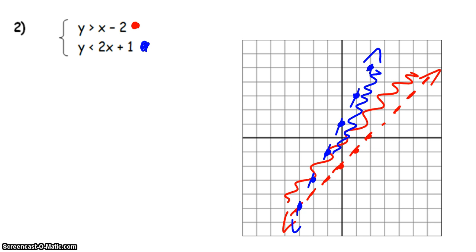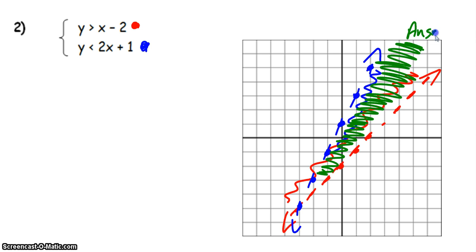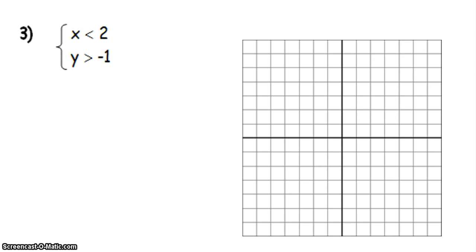Where those two shadings overlap is where the red and the blue come together. It will be that section there. Again, you graph each inequality on its own, and you find where the two sets overlap each other. Where they overlap, that's your final answer.